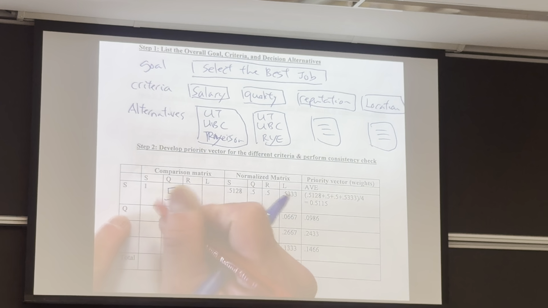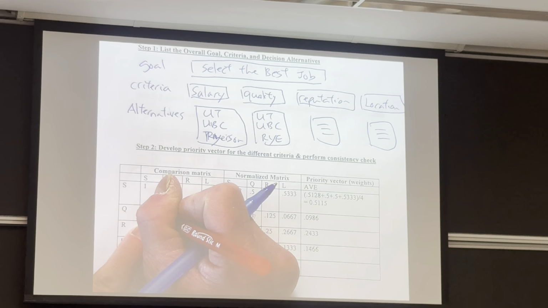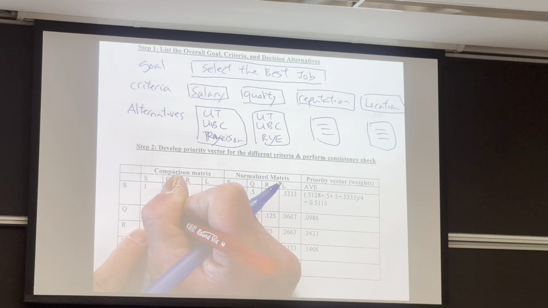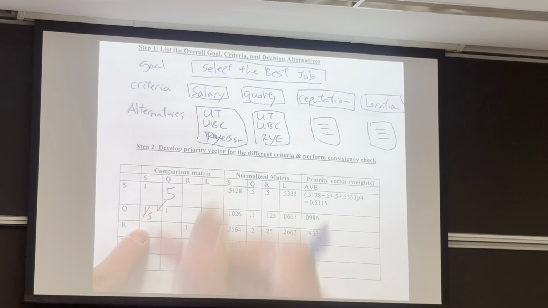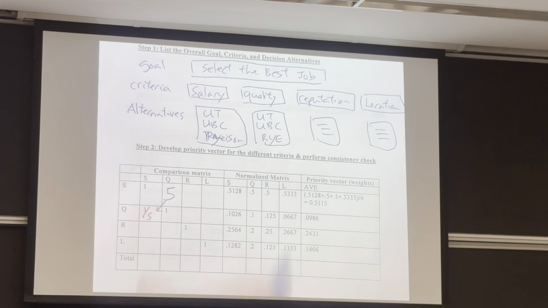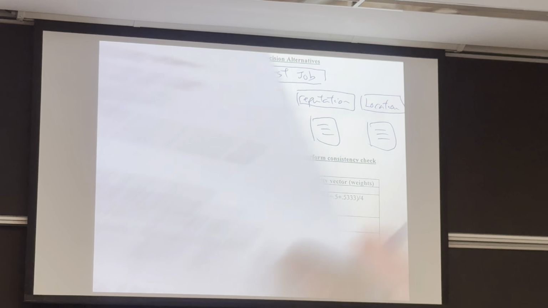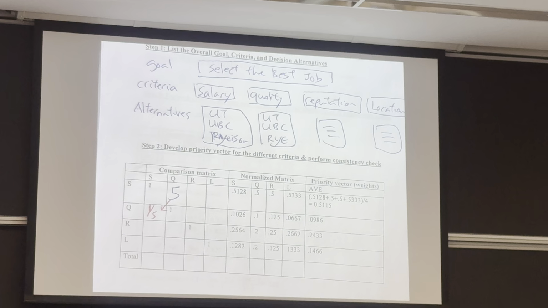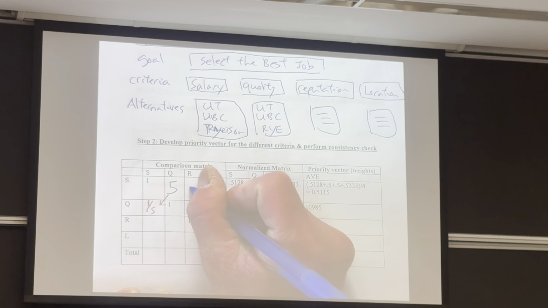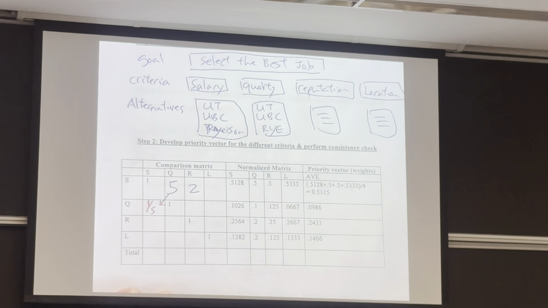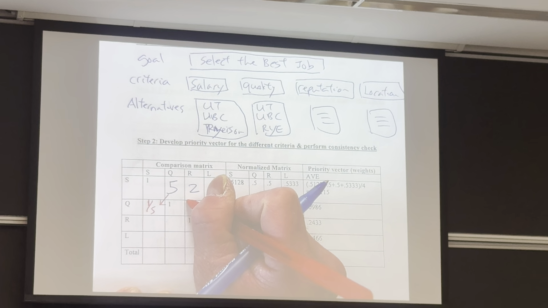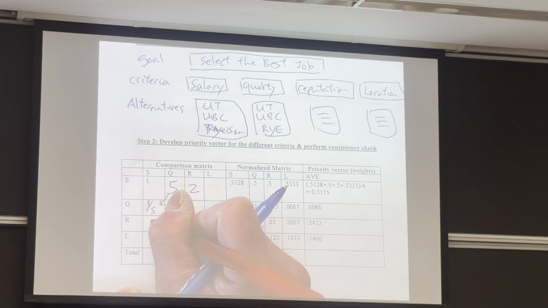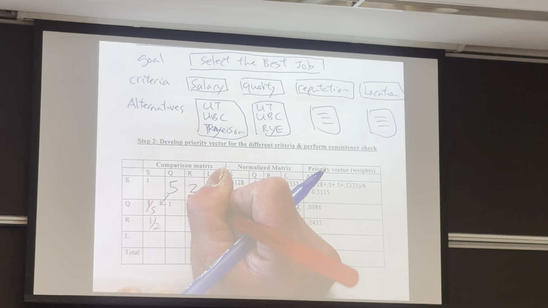Quality compared to salary would be the opposite, so this is simply 1/5. Then salary compared to reputation is 2, and once again the opposite, reputation compared to salary, would be 1/2.